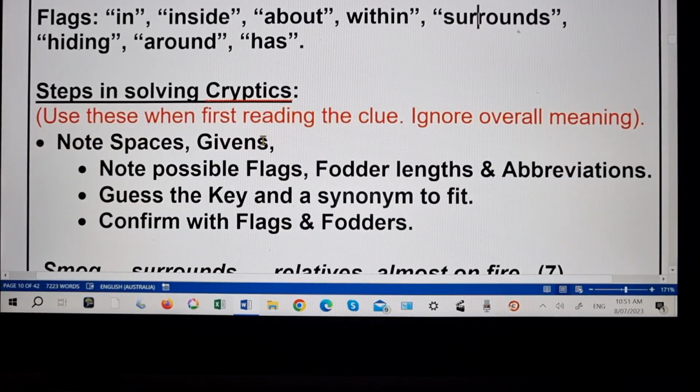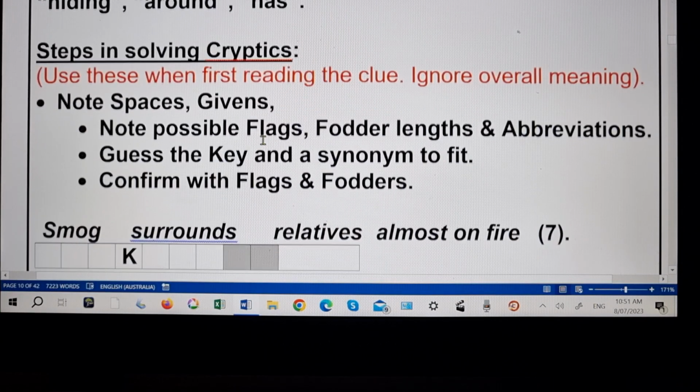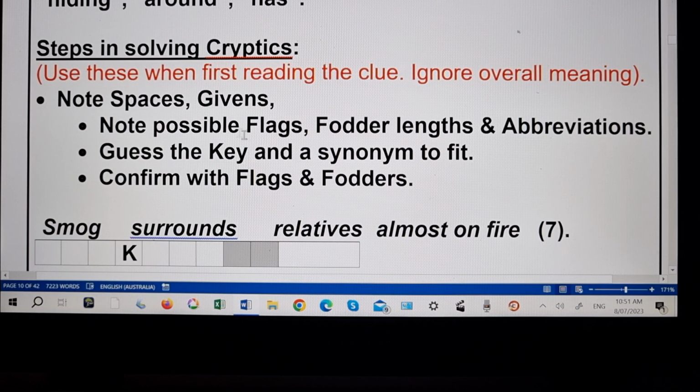Right, here we go. Steps in solving cryptics. As we know, you apply these every time you get a cryptic clue. And don't look at the meaning at the start. Ignore the meaning. Don't look at the meaning when you first start. Go straight to note the spaces and givens in the matrix.